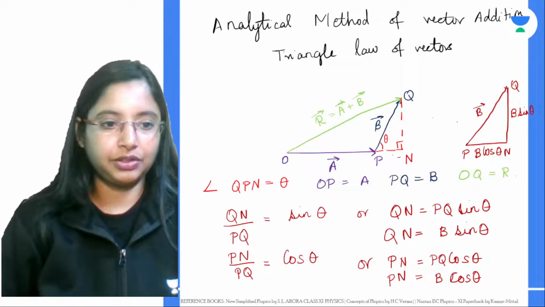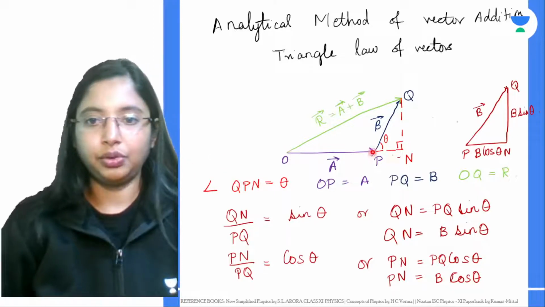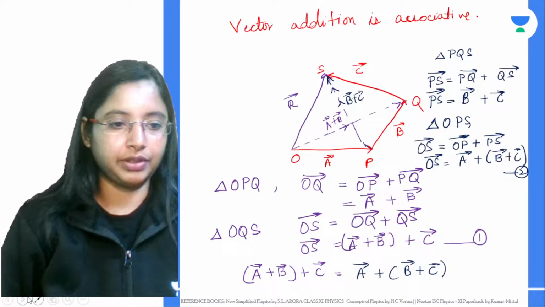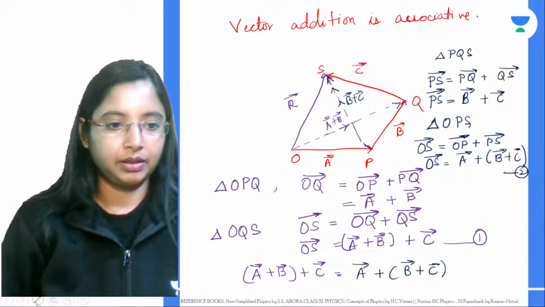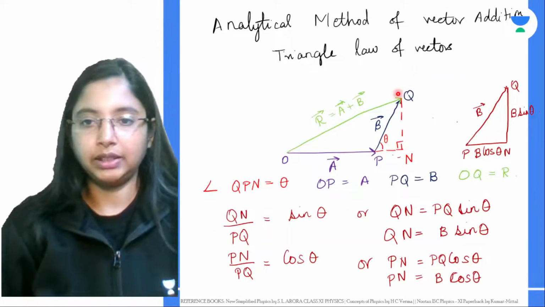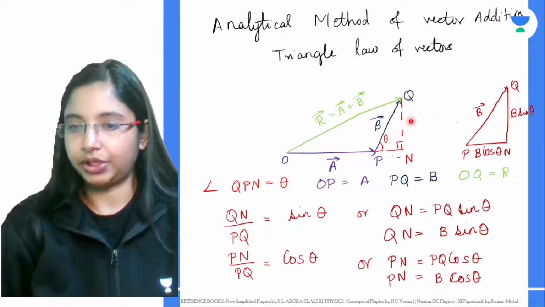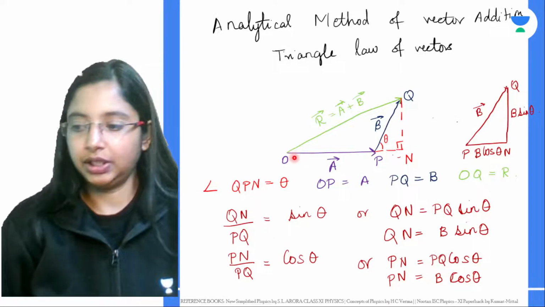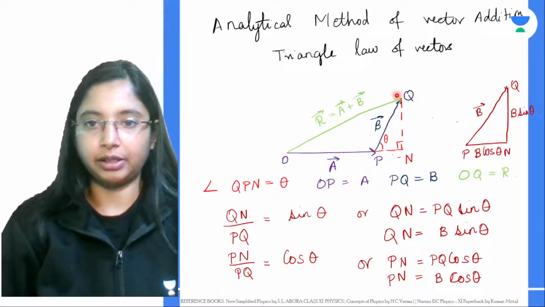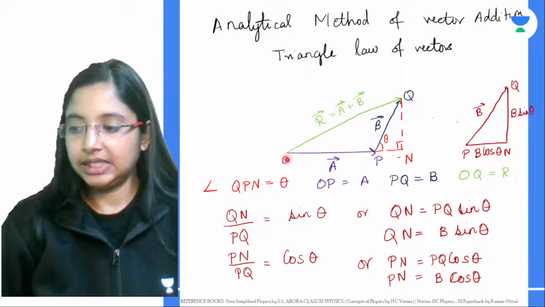If you see this triangle QN, the entire length ON and Q, we are going to use the Pythagoras theorem for the same. So you have O and Q, this part over here. First we are going to consider this triangle OQN.